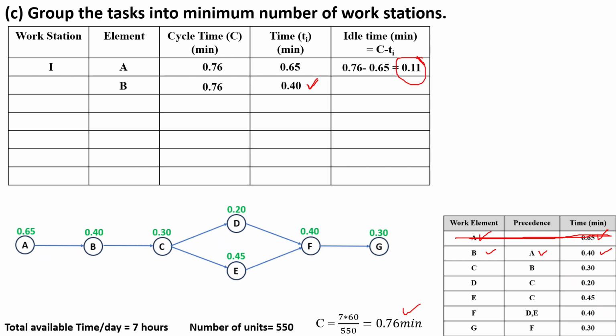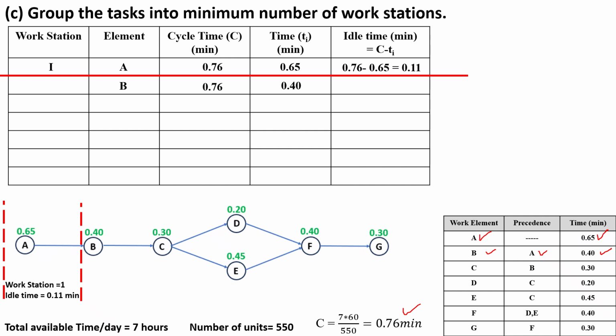So we can't add element B in the first workstation. So we have to close workstation 1 with only one work element, that is A only.